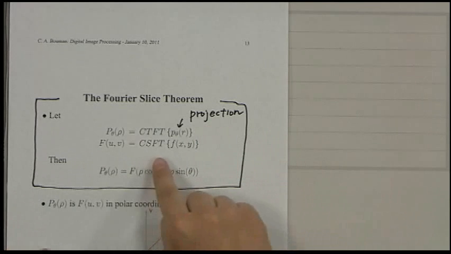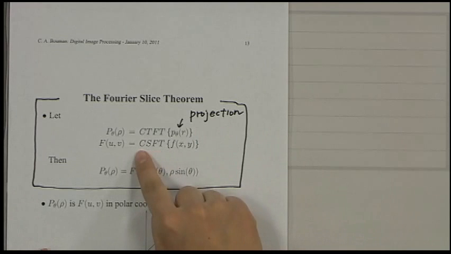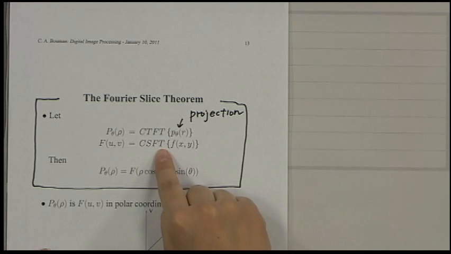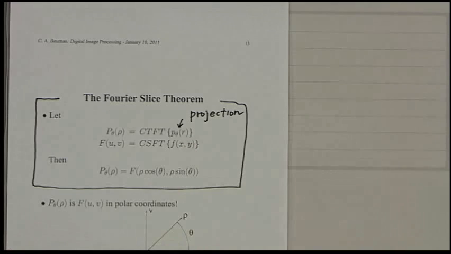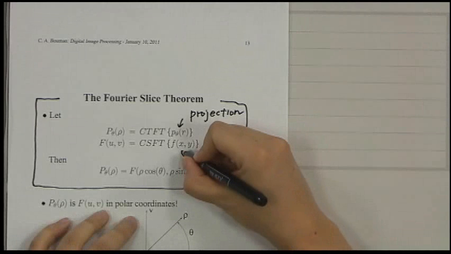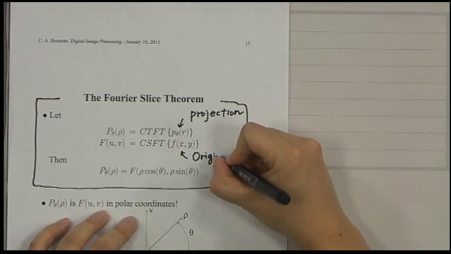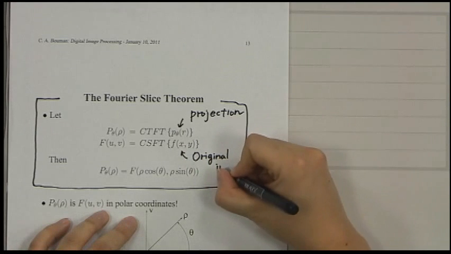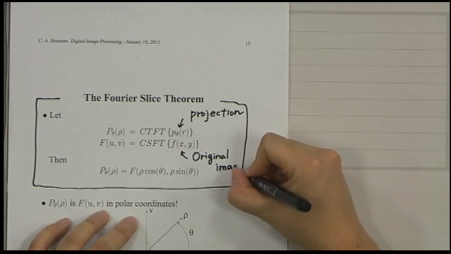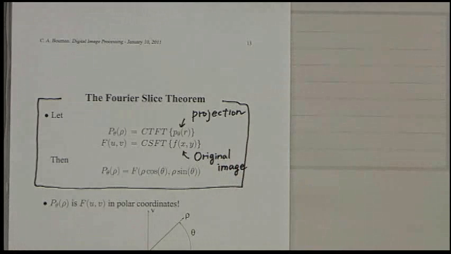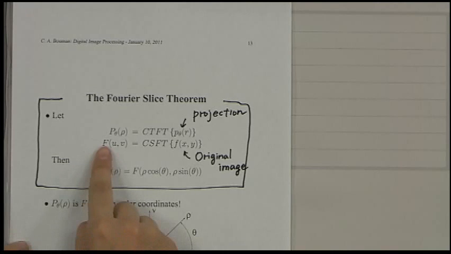Second, we take the 2D Fourier transform, the continuous space Fourier transform, of f(x,y), where f(x,y) is the original image. Then we define the 2D Fourier transform as capital F(u,v).